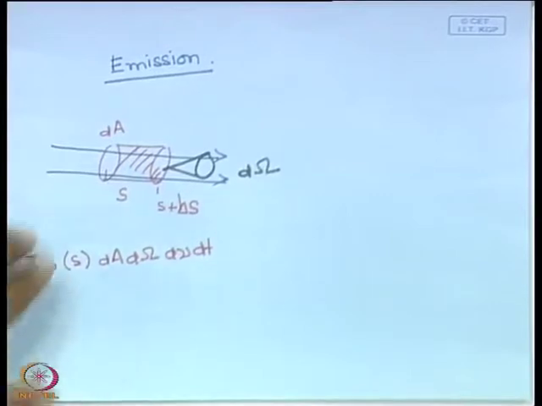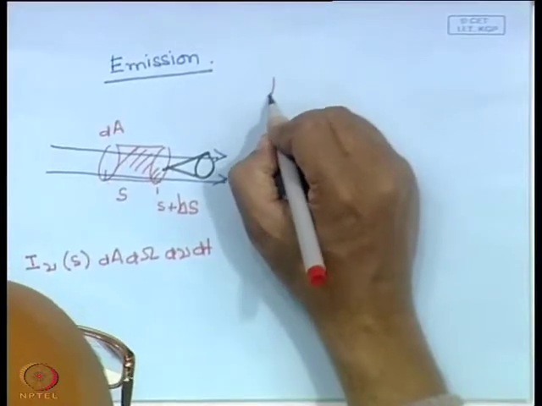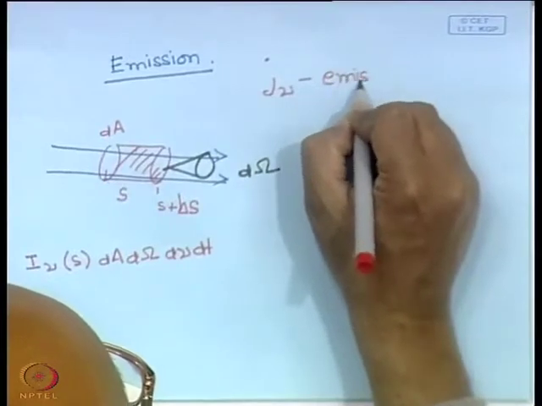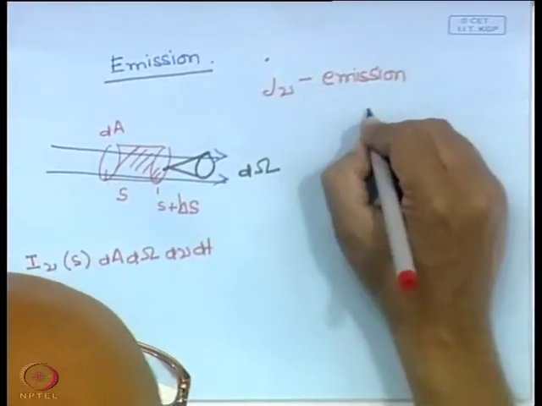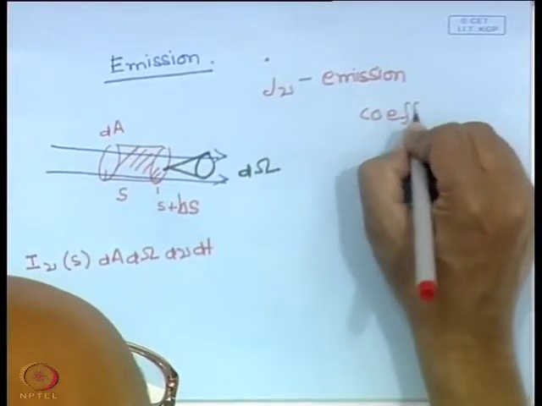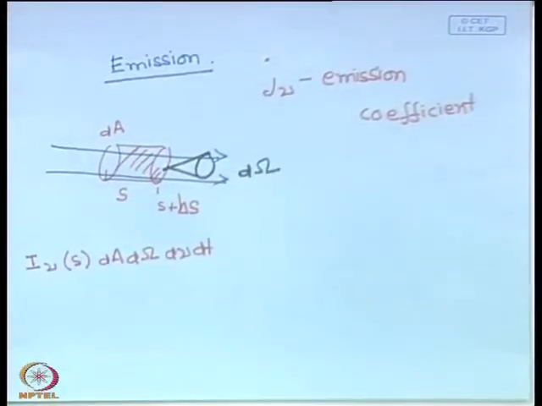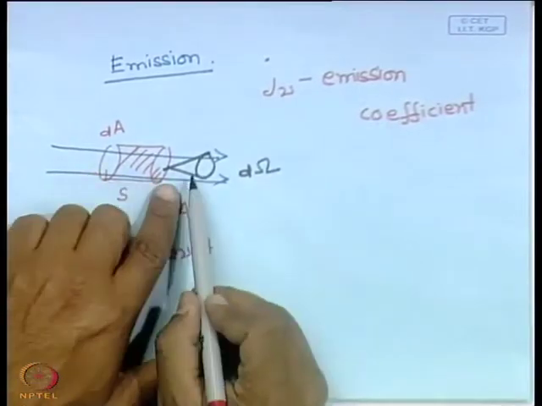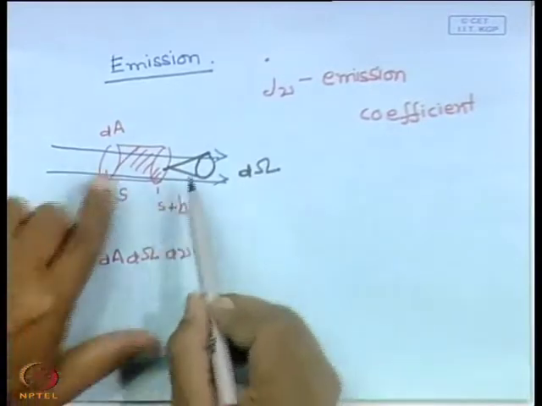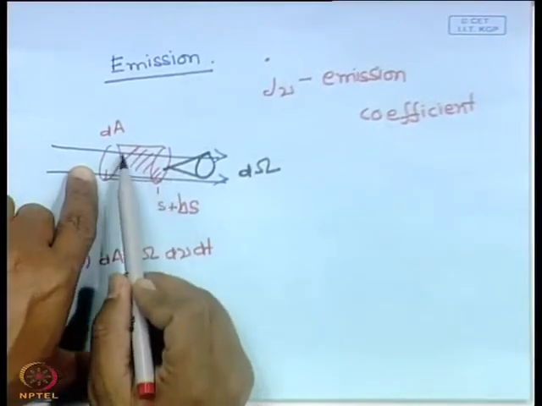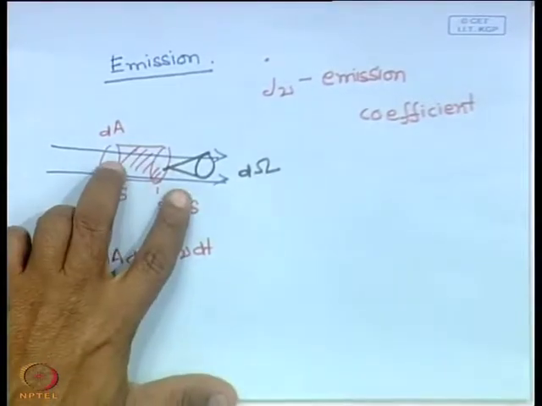Next we define something called the emission coefficient J nu. The medium through which the light is passing is also emitting radiation. So, the energy that comes out would be the energy that is incident plus whatever has been emitted by the medium in between.